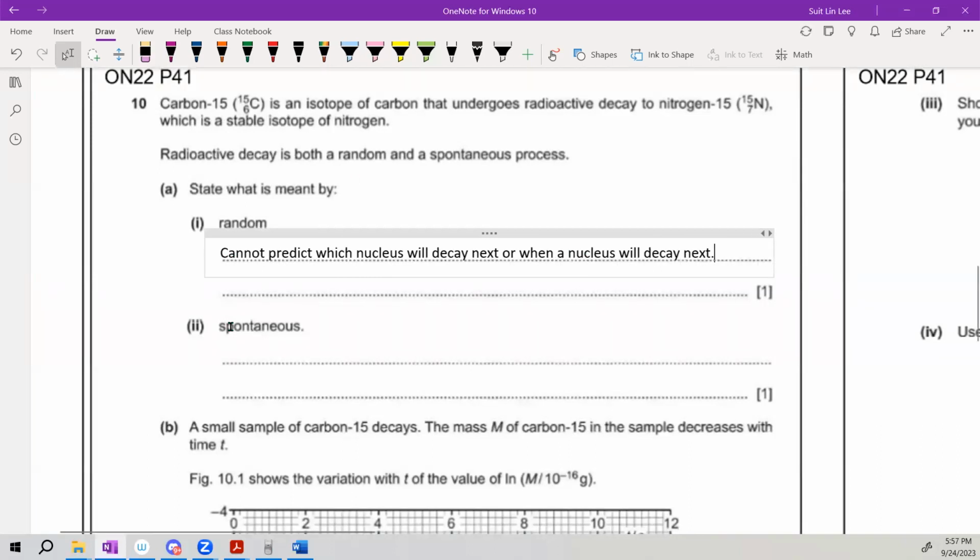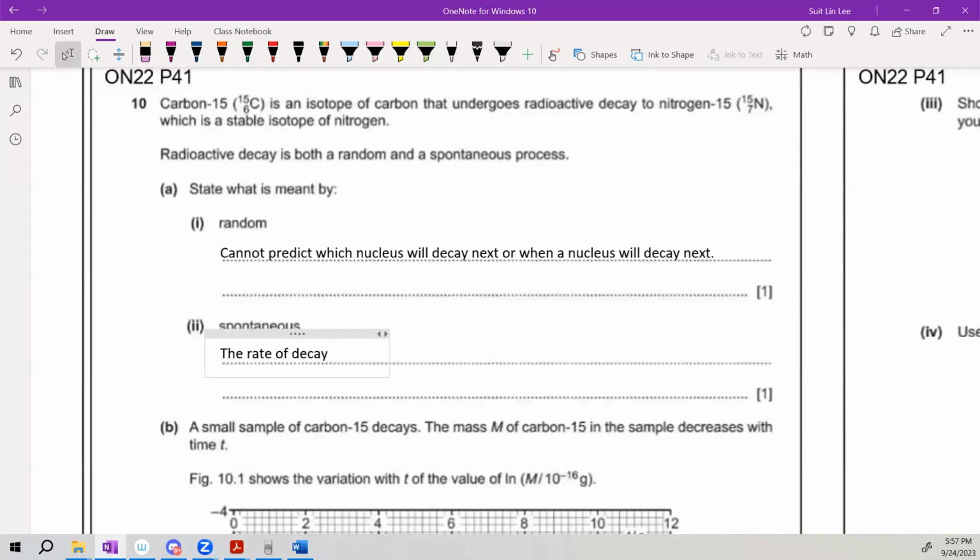All right, spontaneous. The rate of decay is not affected by external environment, environmental factors.